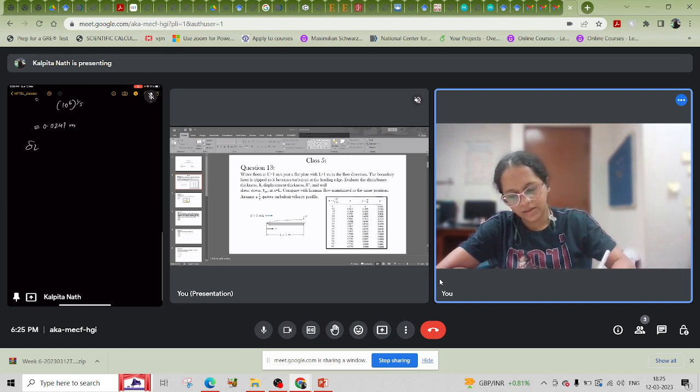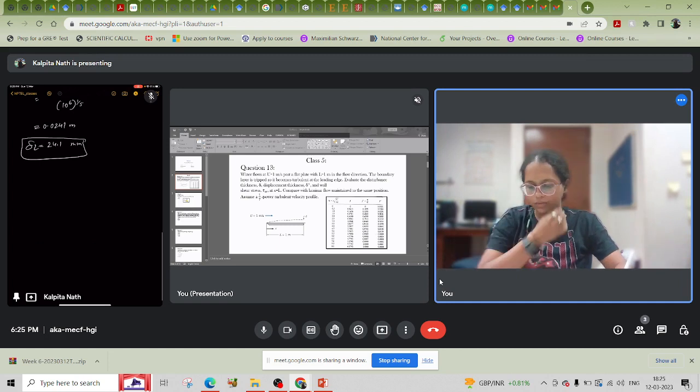That is delta L equal to 24.1 millimeter.